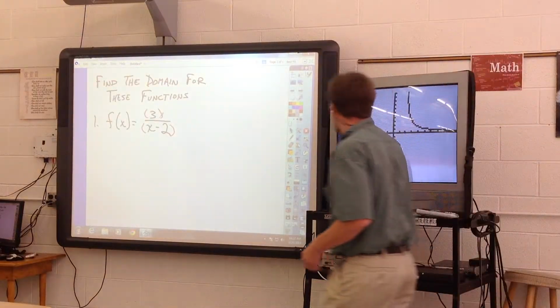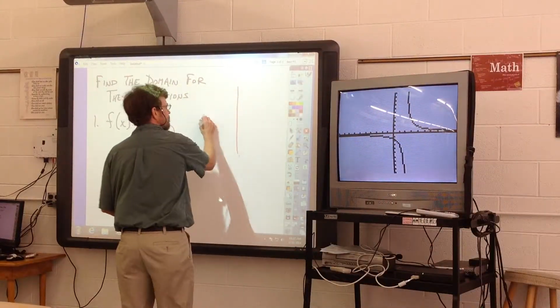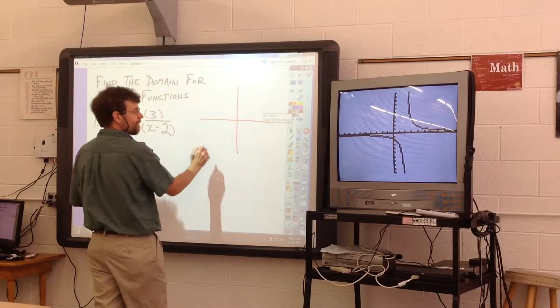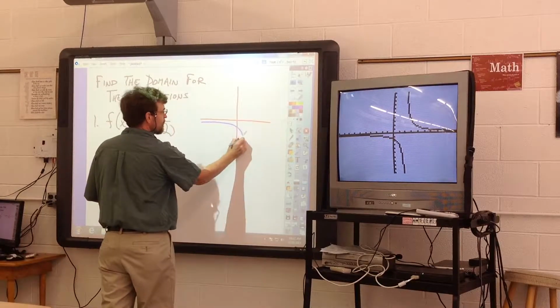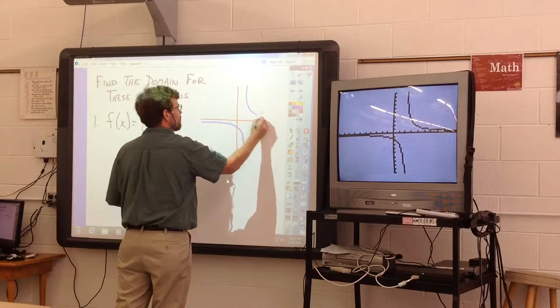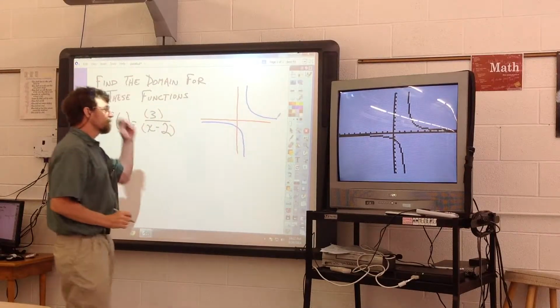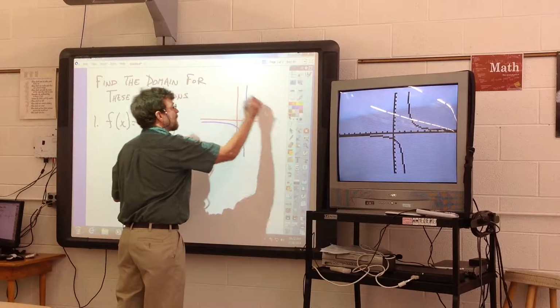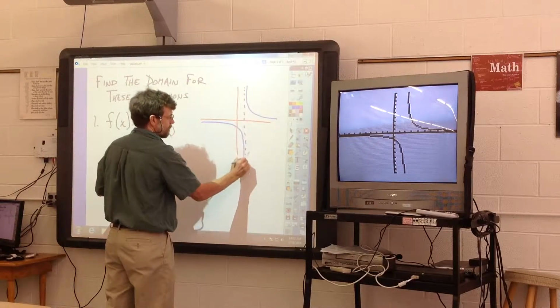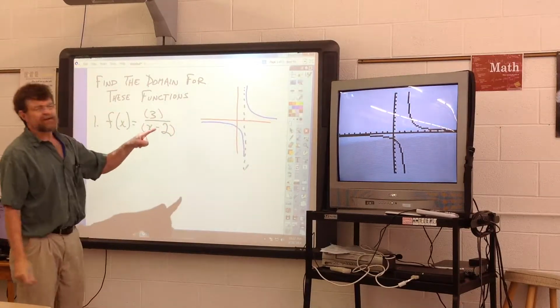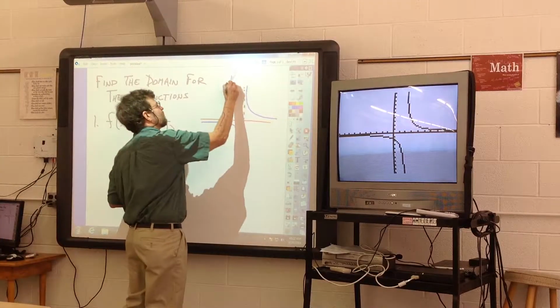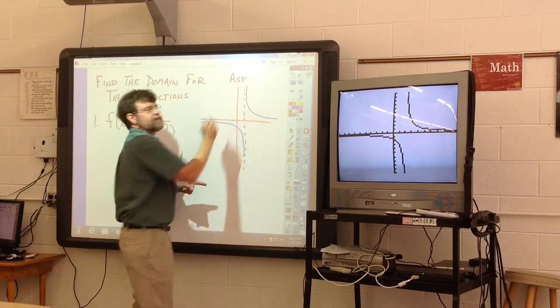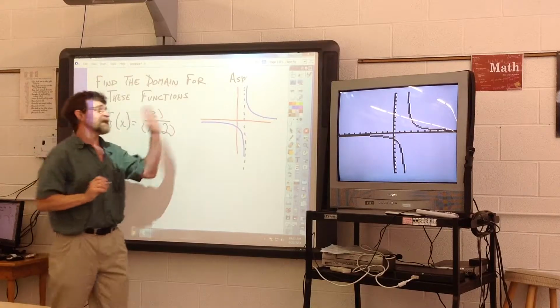Now, if you look at this, you get a graph, and we're not going to deal with this technically until the end of the year. It's what's called a hyperbola. And what's happening at this point, you have what's called an asymptote. You didn't cover that in Algebra 2, did you? No, I never got that far.